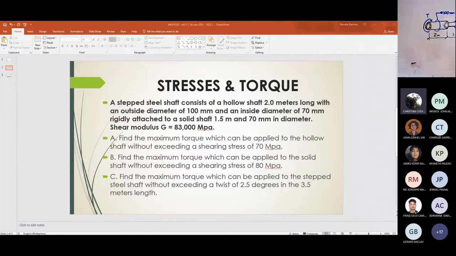Ito ay para doon sa solid. Yun yung second question. And ang last one, torque. Okay? So titingnan natin yung torque so as not to exceed the angle of twist. So ang given naman is the angle of twist. Okay? Dito muna tayo sa number 1 at number 2.